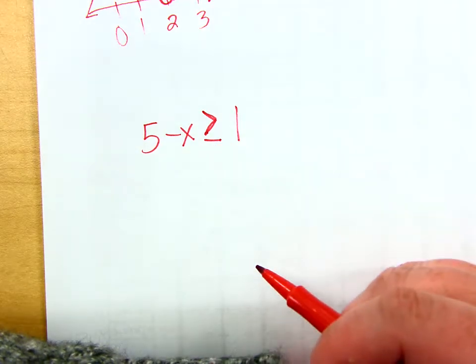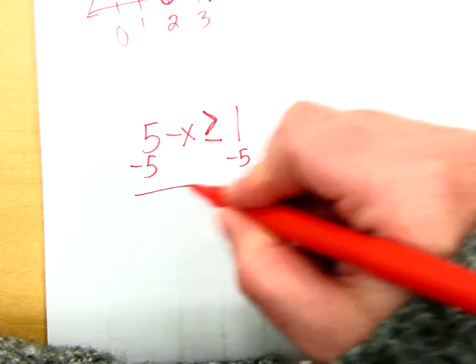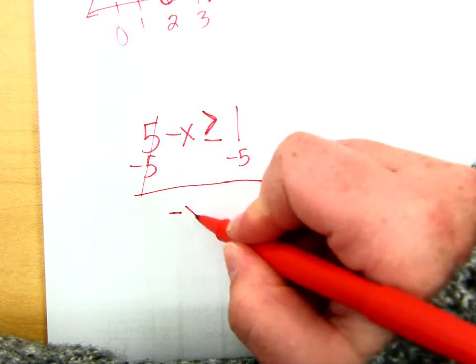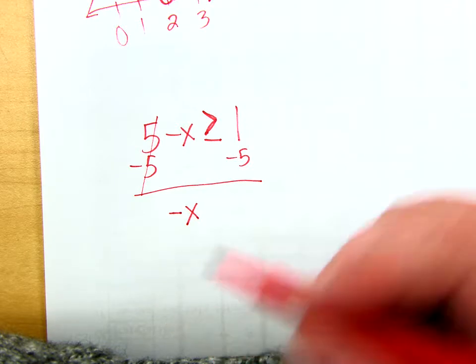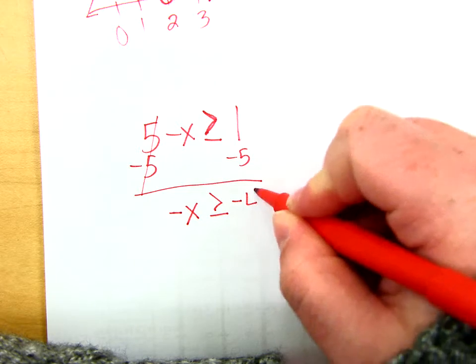What would you normally do? You would minus 5 from both sides, right? Minus 5, because I'm trying to get the x all by itself. So that's gone. Did I multiply or divide by a negative in that step? No. So the symbol stays as it is. 1 minus 5 is negative 4.